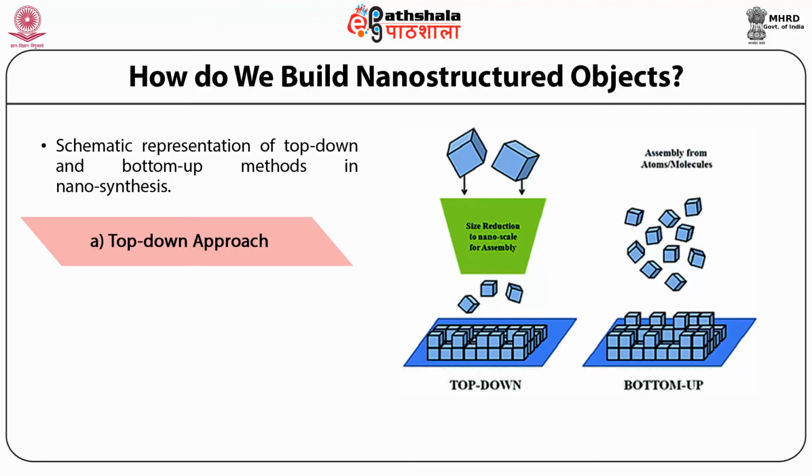The second approach is the bottom-up technique, wherein more complex assemblies are built atom by atom, molecule by molecule, or cluster by cluster. The top-down approach can produce structures with long range order and can also be used to make macroscopic connections.